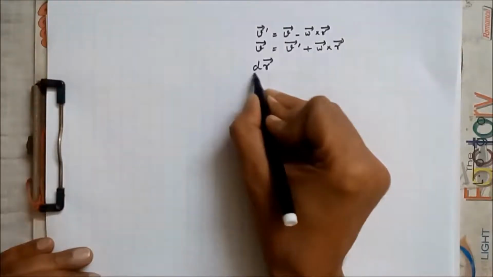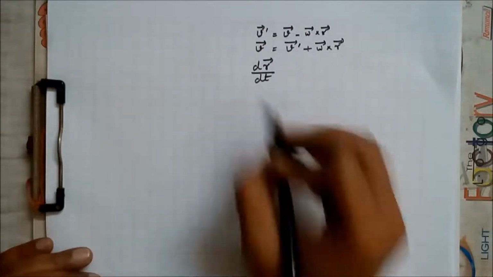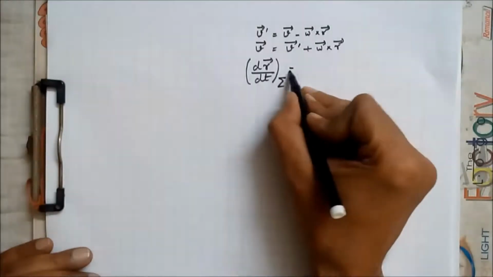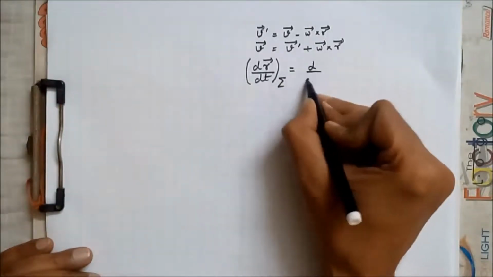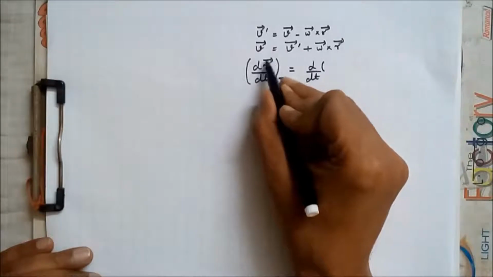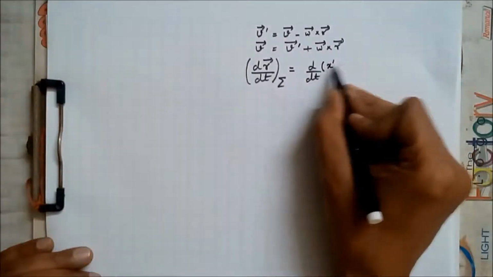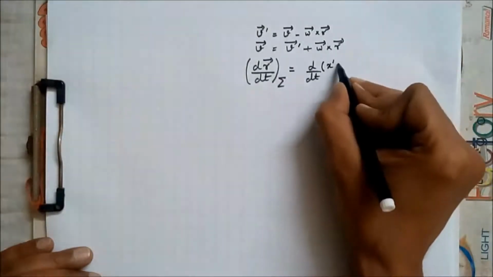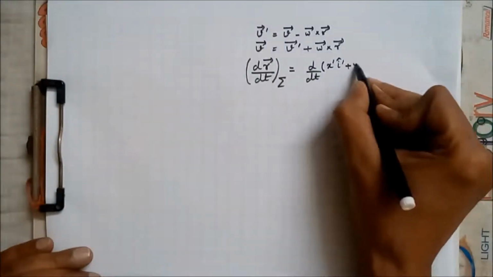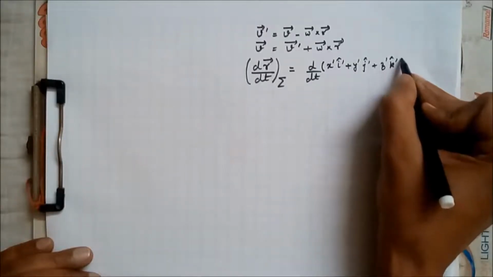Say I differentiate the position vector as seen in the unprimed reference frame with respect to the unprimed reference frame. Now, because r and r primed are equal, let me just write out r vector as r primed vector. So let me write out the expansion of r primed vector. By expansion I mean the components along with the unit vectors: x primed i primed cap plus y primed j primed cap plus z primed k primed cap.